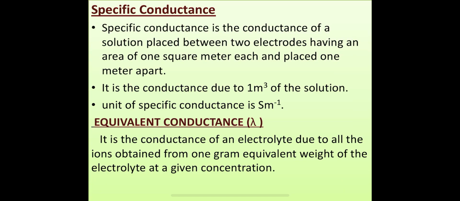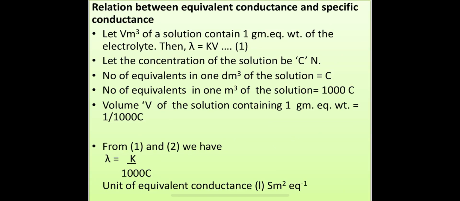In the same way, the conductance of an electrolyte due to all the ions obtained from 1 gram equivalent weight of the electrolyte at a given concentration is called equivalent conductance. We also understood the relationship between equivalent conductance and specific conductance.